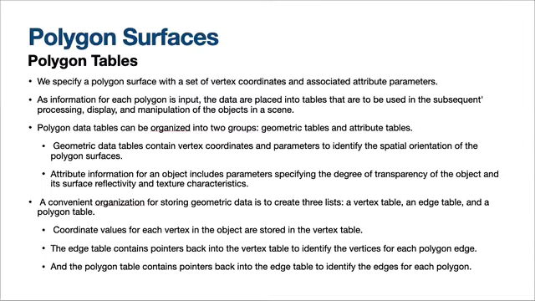For polygon surfaces, you can specify the polygon surfaces with a set of vertex coordinates and associated attribute parameters. As information for each polygon is input, the data are placed into tables that are to be used in the subsequent processing, display and manipulation of the objects in the scene.